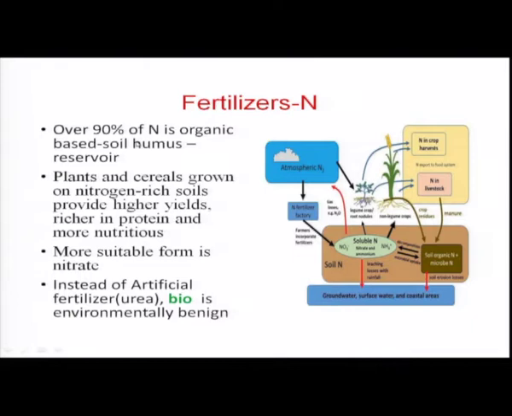And if we look at nitrogen, over 90% of the nitrogen is organically bound, that is, soil humus is the main reservoir which actually provides nitrogen for plant growth. The nitrogen cycle is also shown in this diagram, and mostly plant materials take up nitrogen from the atmosphere.